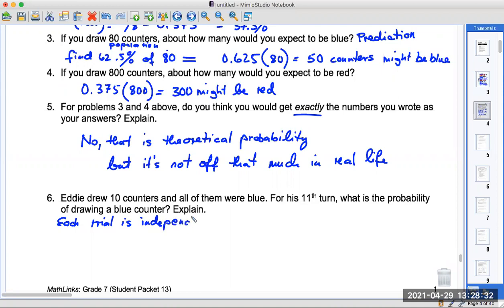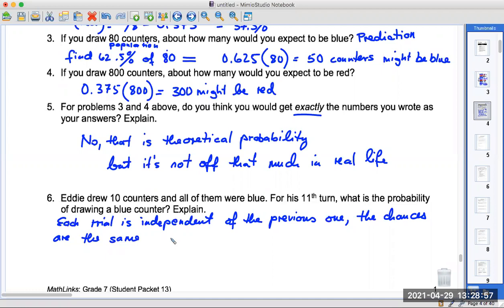Independent of the previous one. Chances are new, or it's the same, each time.